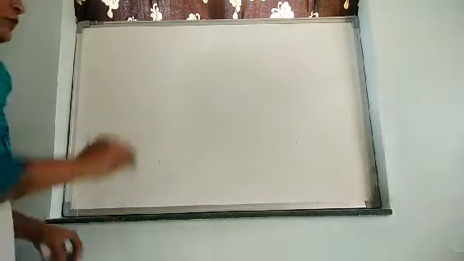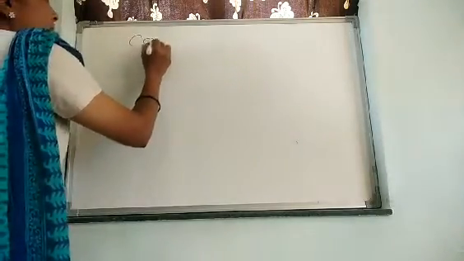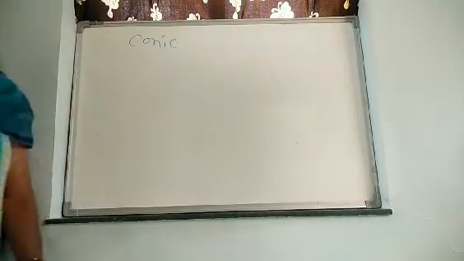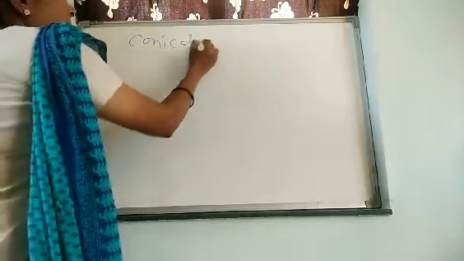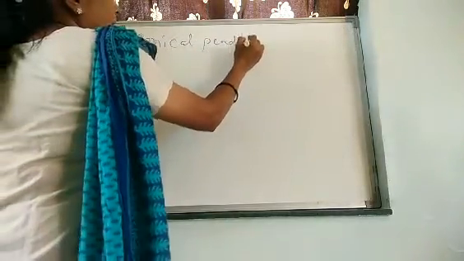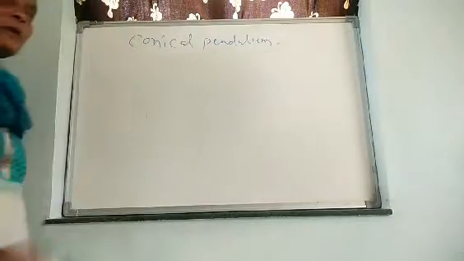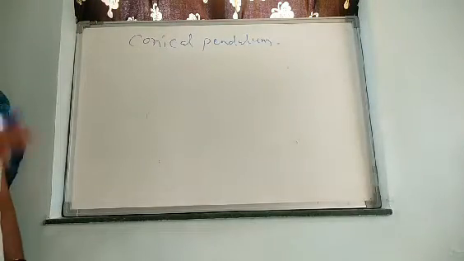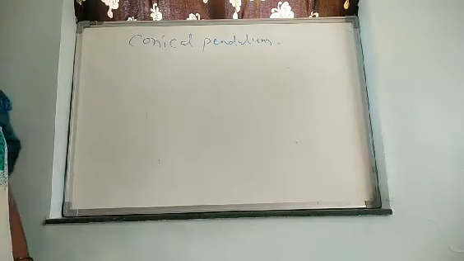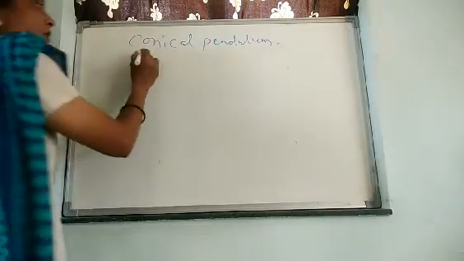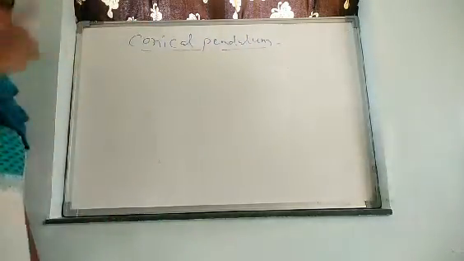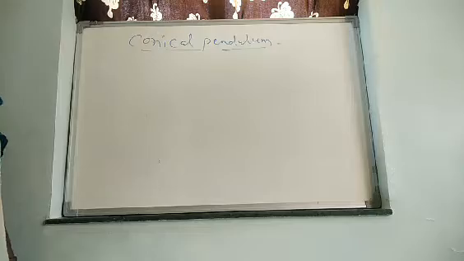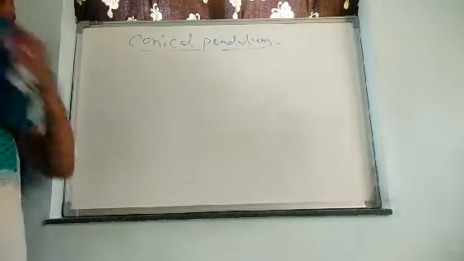What is the definition of a conical pendulum? The definition of a conical pendulum is that the simple pendulum is given a motion in such a way that the bob performs a horizontal circle and the string forms a cone. Then that is called a conical pendulum.